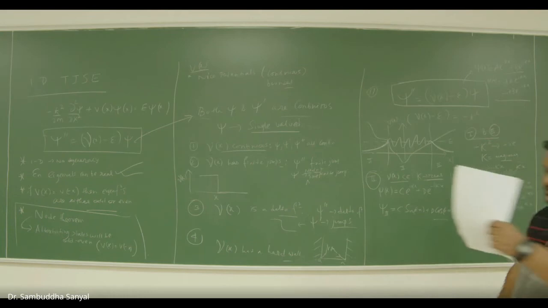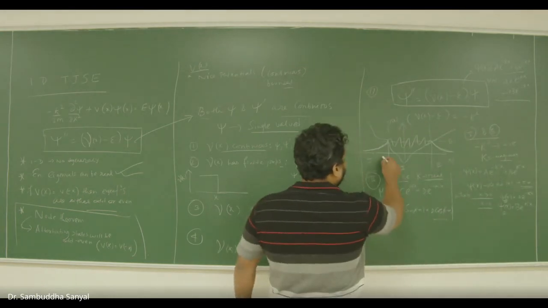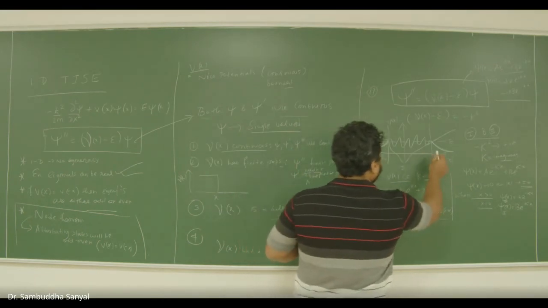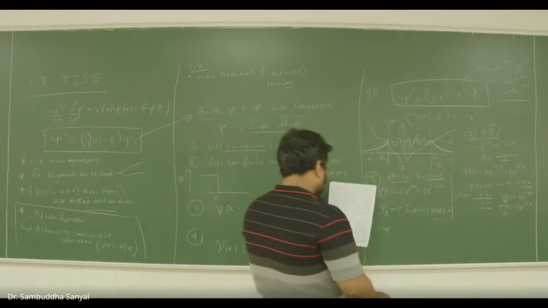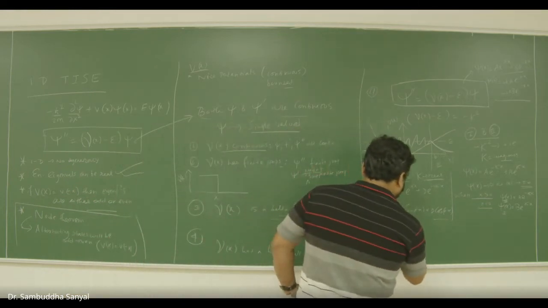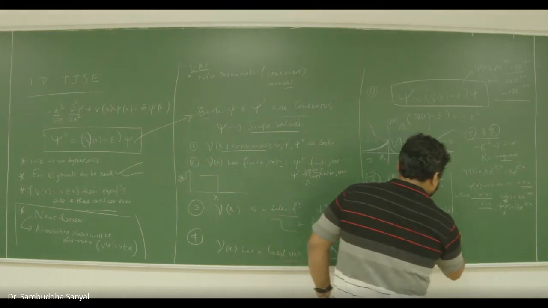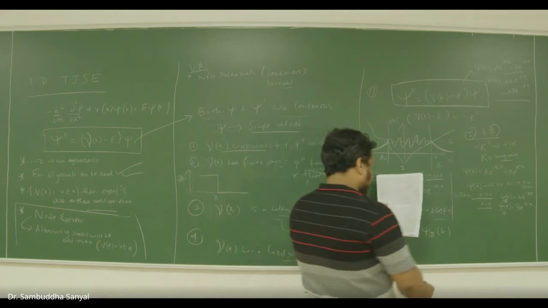So that gives us two criteria. Let me call this point A and this B. It gives us a criterion that psi 1 at A must be equal to psi 2 at A. Sorry, I wrote it wrong.